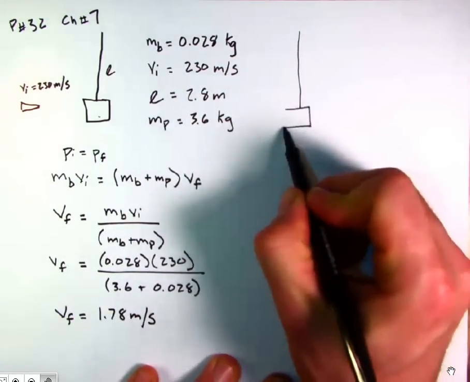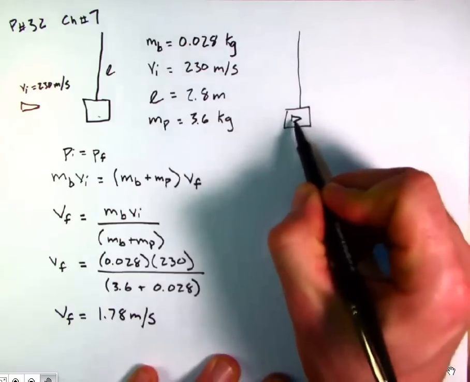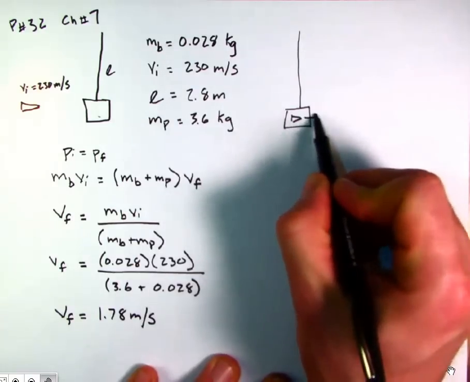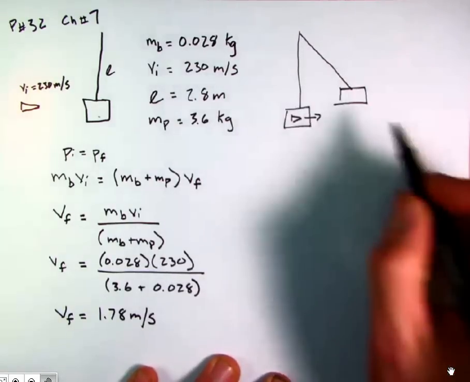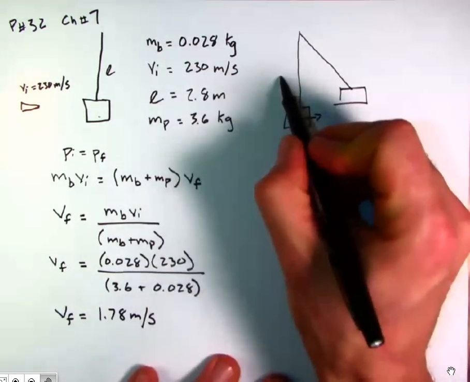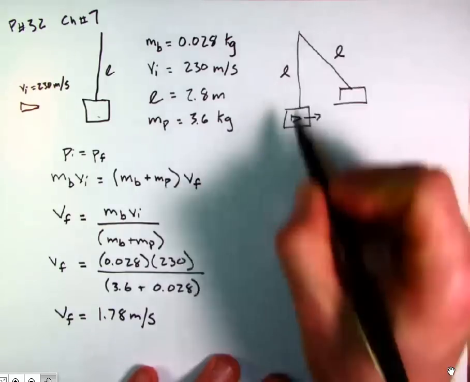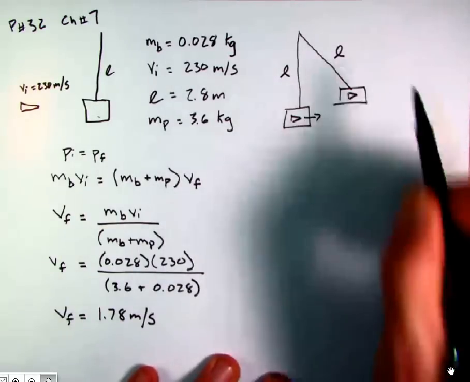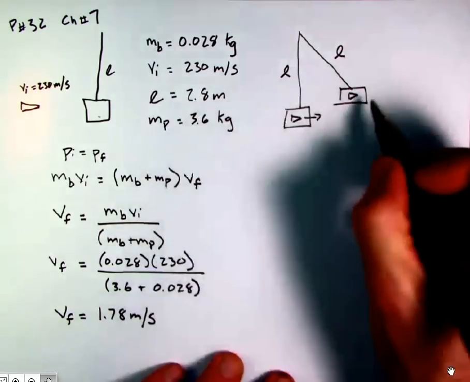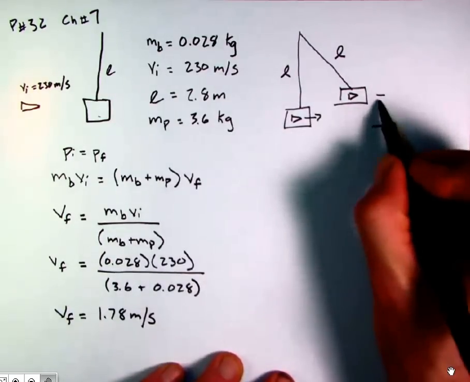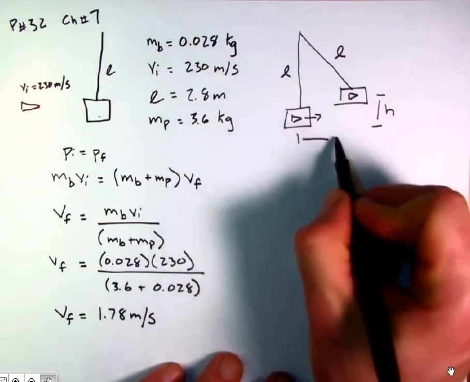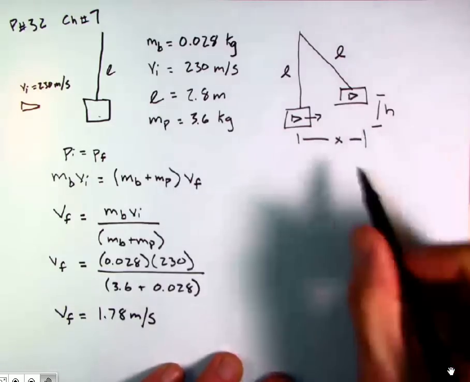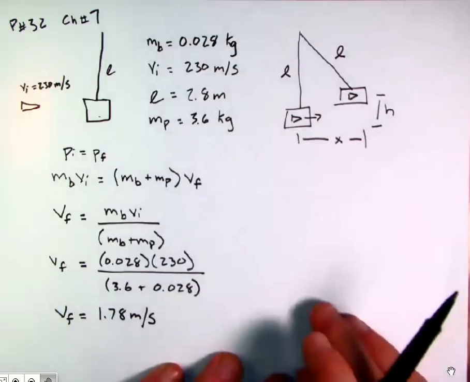We start with a bullet lodged in a block, moving to the right, but how far does it go? So this would be L, the length, and we'd call this H. What are the vertical and horizontal components of the block's displacement?